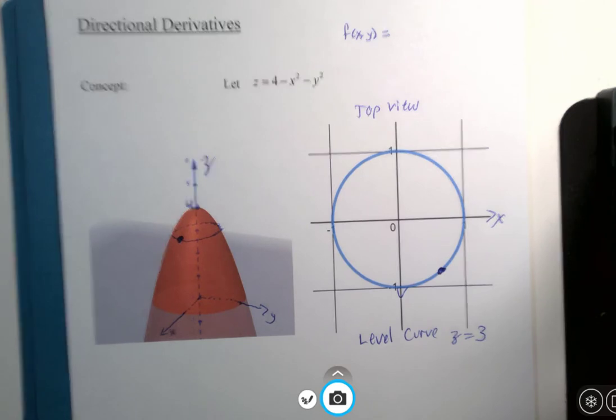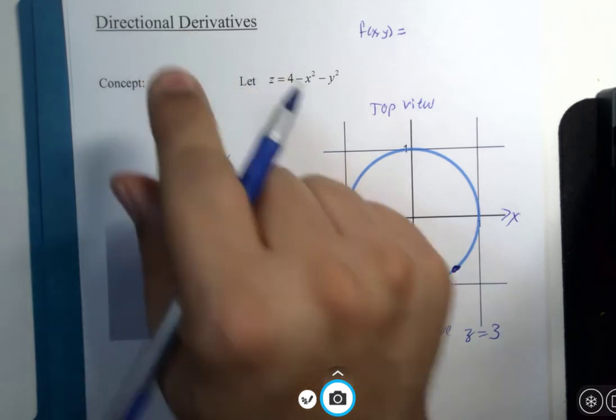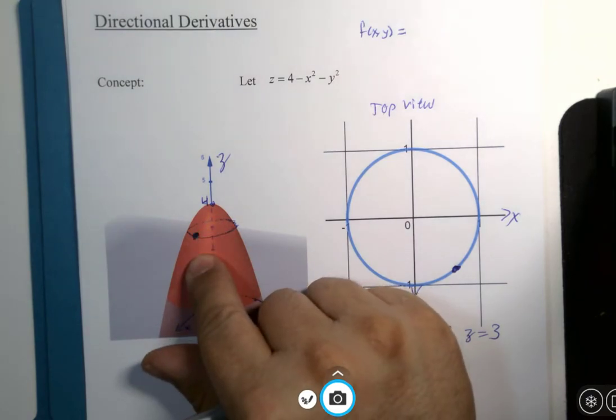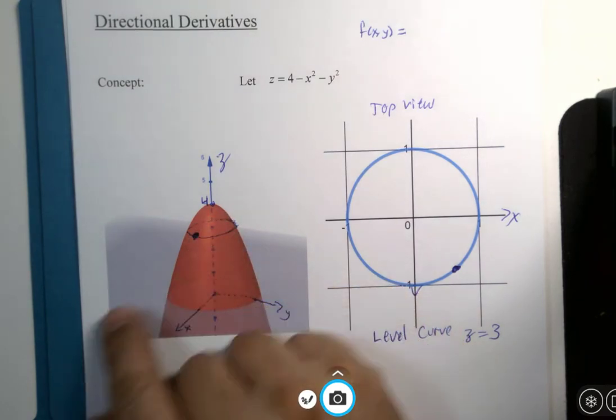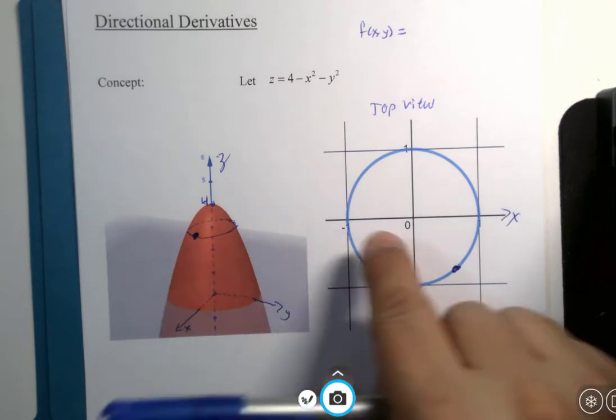So here's where the concept of directional derivative comes in. You're standing on the side of the mountain. It's probably not going to be this steep if you're actually standing on it, because you might be sliding if it's this steep. So you're standing at this point in the mountain, and so I want you to think of the top view.